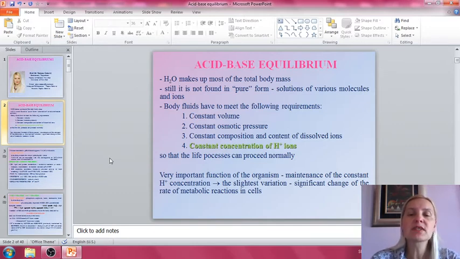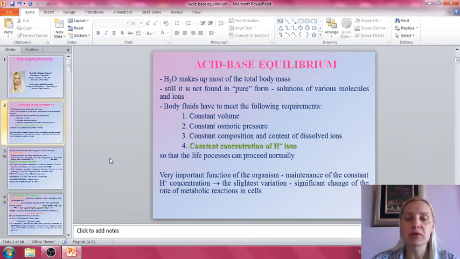So body fluids have to meet the following requirements so that the life processes can proceed normally, and those requirements are constant volume, constant osmotic pressure, constant composition and content of dissolved ions, and what is going to be our target for today, constant concentration of hydrogen ions, or constant pH of body fluids.